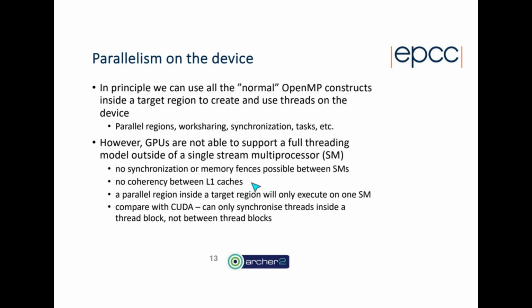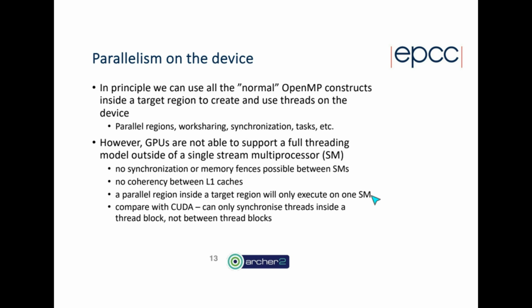And in modern GPU designs, older GPUs didn't have caches at all. Modern ones do tend to have caches, but the caches on different stream multiprocessors are not kept coherent. So there's no cache coherency mechanism going on. So what will happen is if you just put a parallel region inside a target region, that's only going to execute on a single stream multiprocessor.